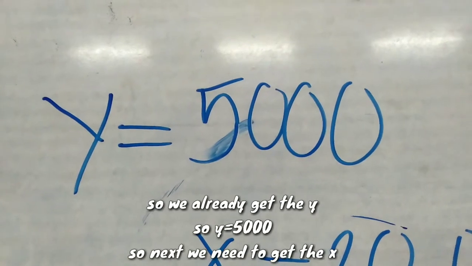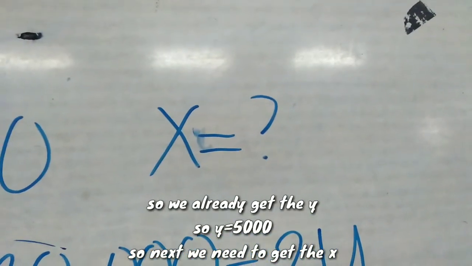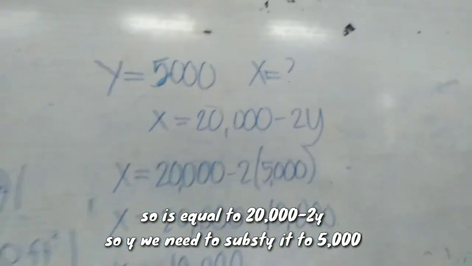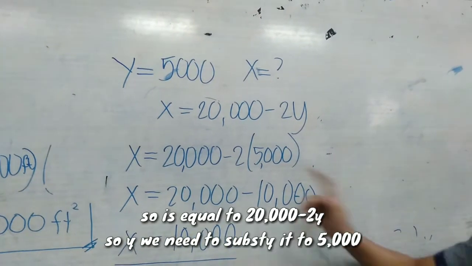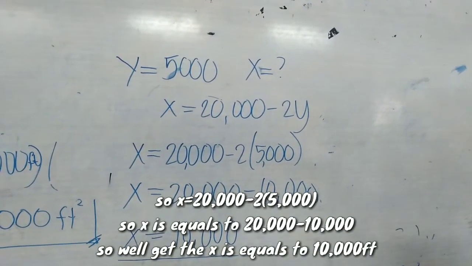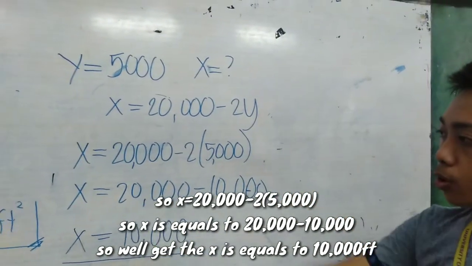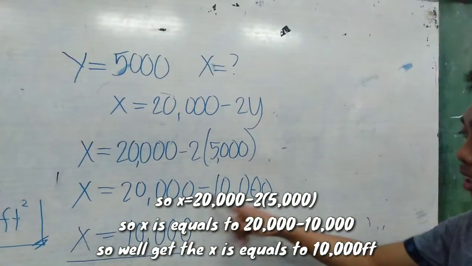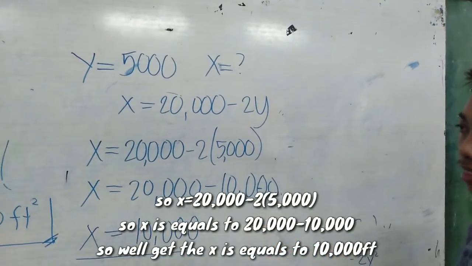We already get the y. So next, we need to get the x. So x is equal to 20,000 minus 2y. We need to substitute y with 5,000. So x is equal to 20,000 minus 2 times 5,000. So x is equal to 20,000 minus 10,000. So we'll get x is equal to 10,000 feet.